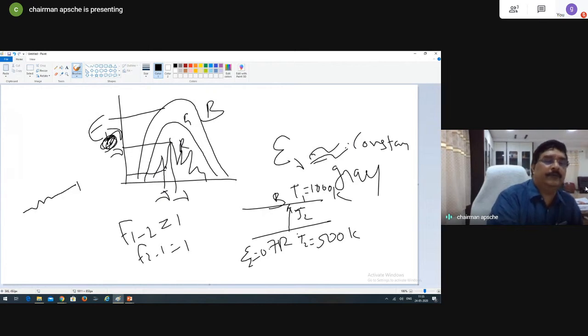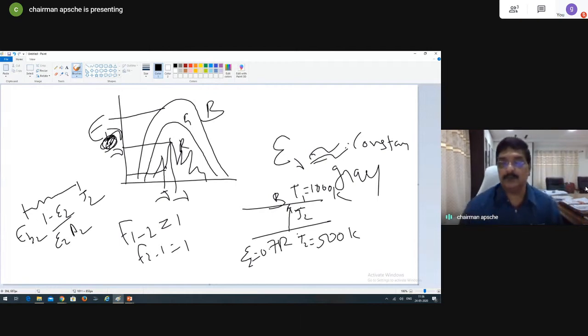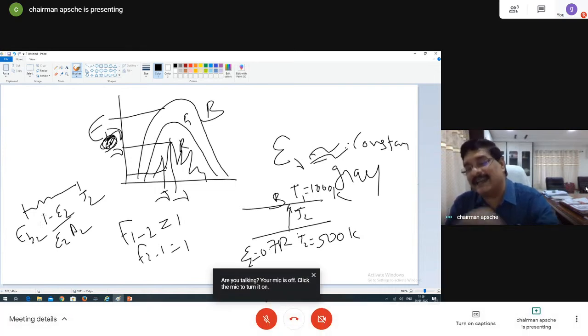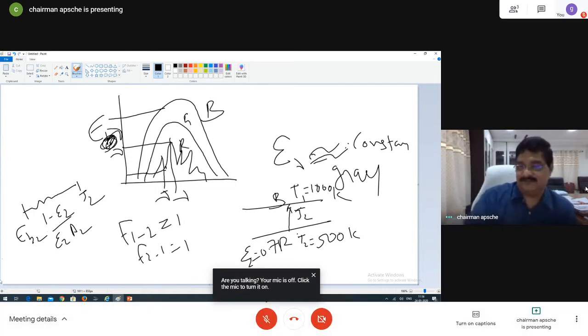You know that between E_b2 and J2, the resistance is 1 minus epsilon 2 divided by epsilon 2 A2. So you have to calculate only J2. The radiosity of the second surface is the irradiation to the first surface.